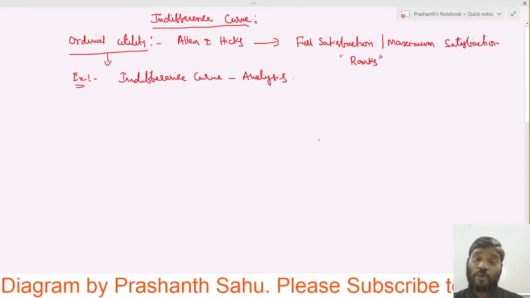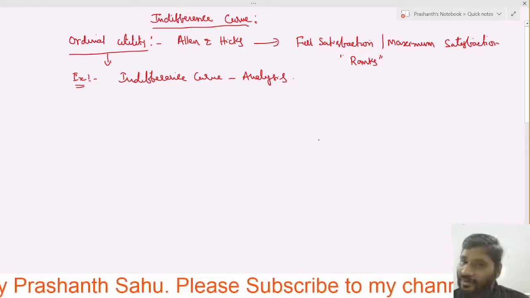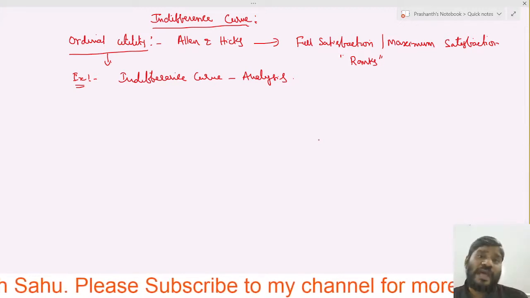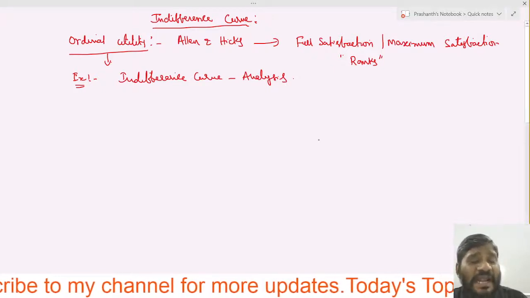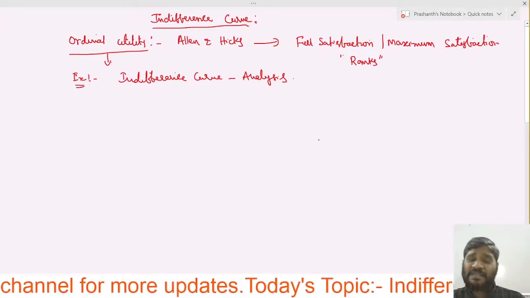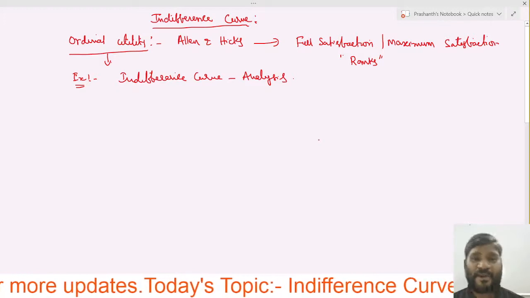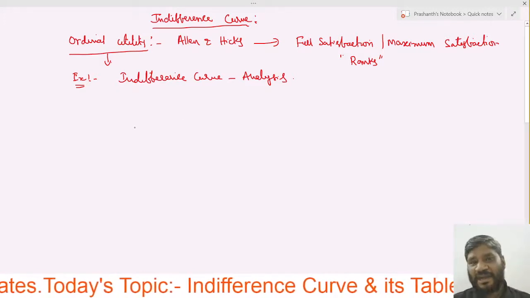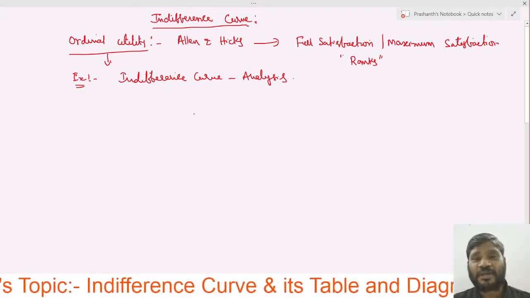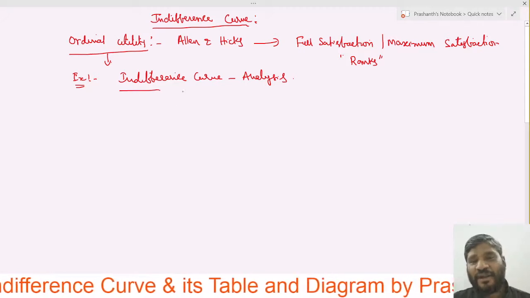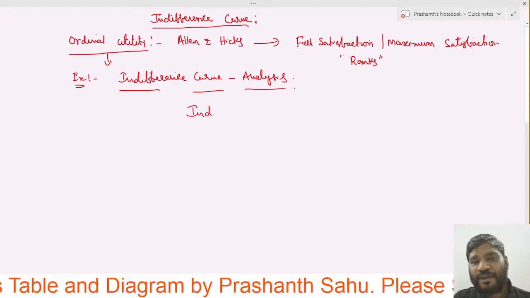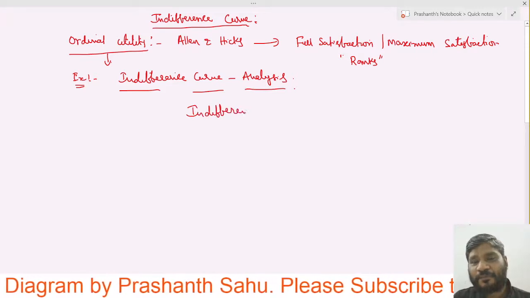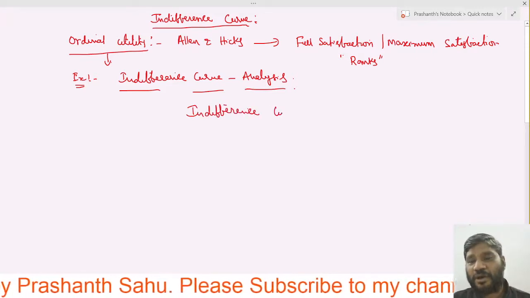That's why we have been discussing this topic. It also calculates the full or maximum satisfaction of the consumer, but it is taken out on the basis of ranks. So let us discuss this indifference curve analysis. Let's put the heading here: indifference curve.